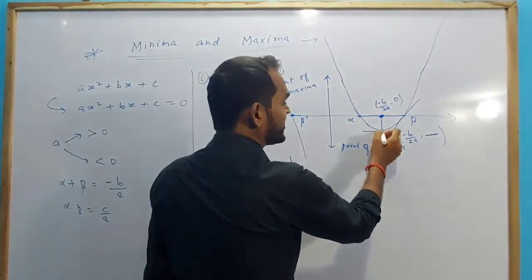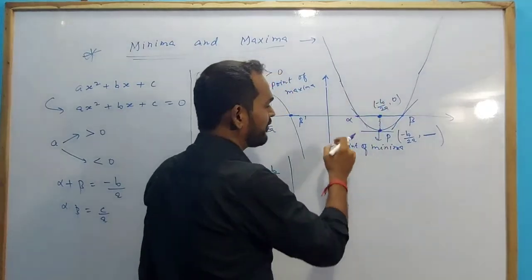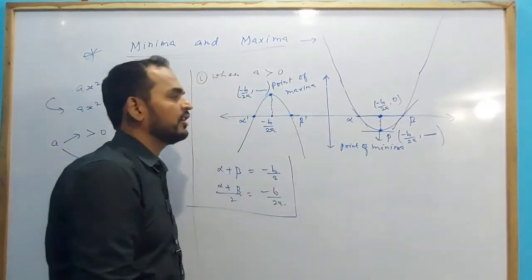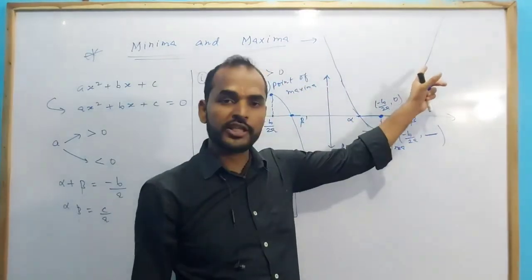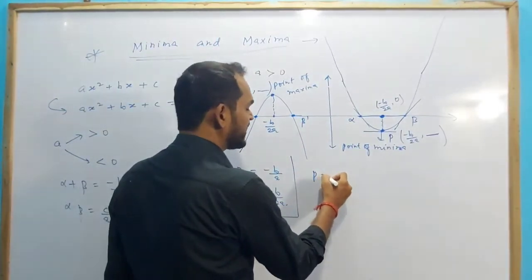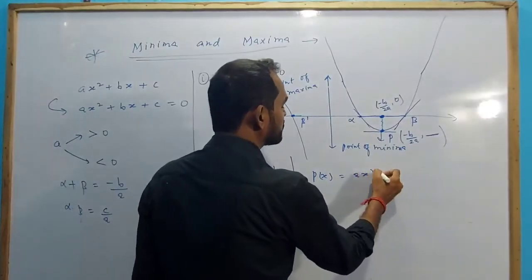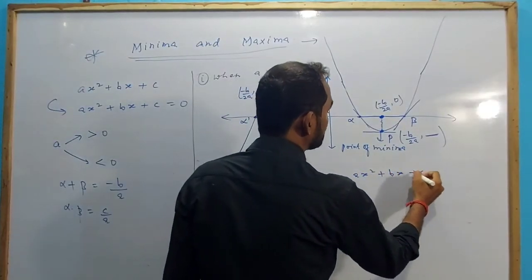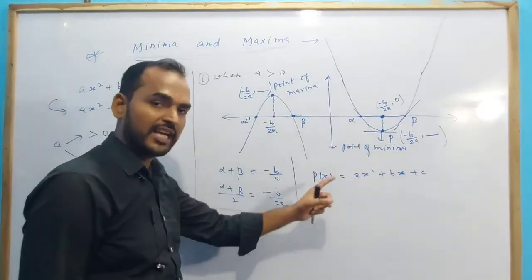The point minus b by 2a is the value of x which lies on the graph given by p(x) equal to ax square plus bx plus c. This is the quadratic expression.